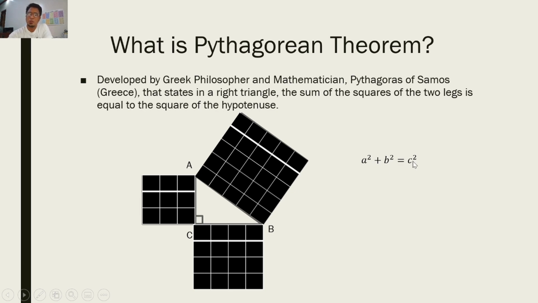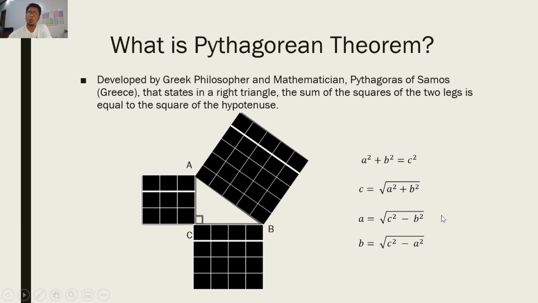Now, sir, may square. We are only looking for the values of A, B, and C. Halimbawa. So, ito yung isa. If we are looking for the hypotenuse, the formula is the square root of the sum of the squares of A at saka square ng B. If we are looking for one of the legs, let's say for example A, so A is equal to the square root of the difference of the square of C and the square of B. Like manner, if the other leg is missing, B, dahil interchangeable siya, pwede mong pagpalitin lang yung letra dito.